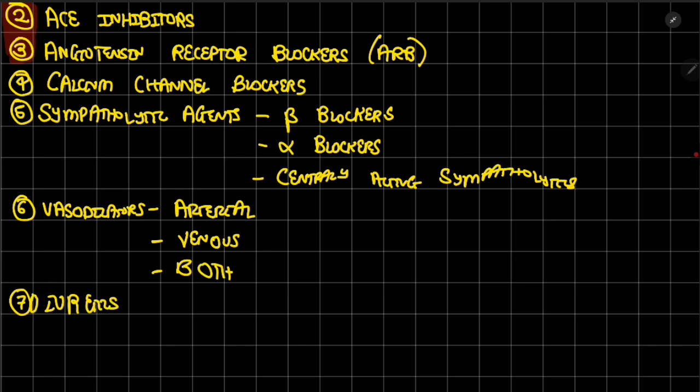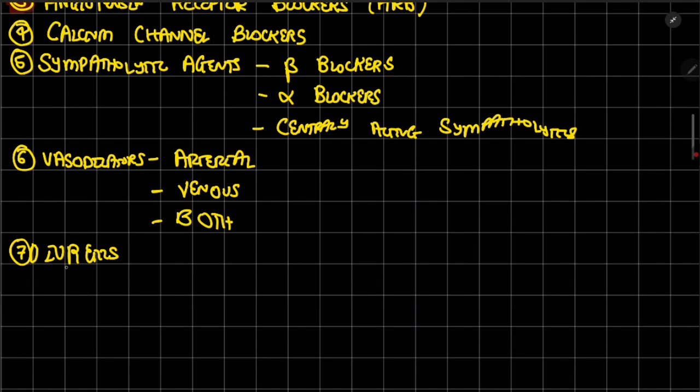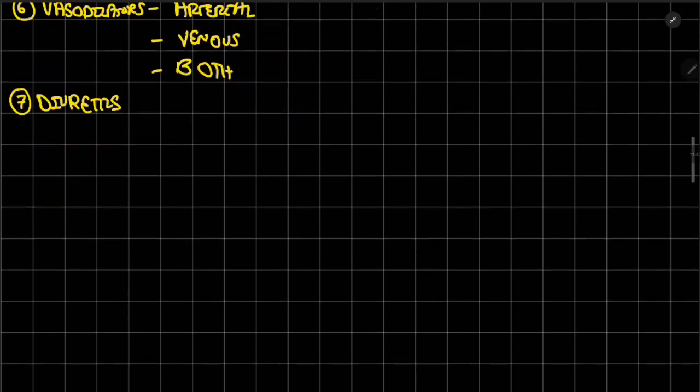Now we'll see the individual classes of drugs. Starting with direct renin inhibitors.